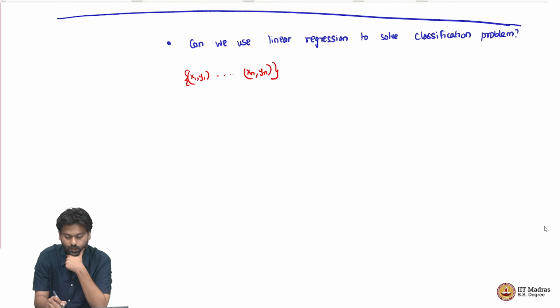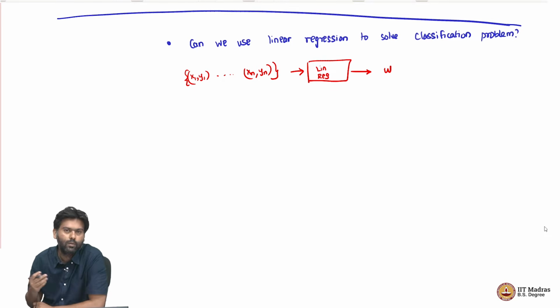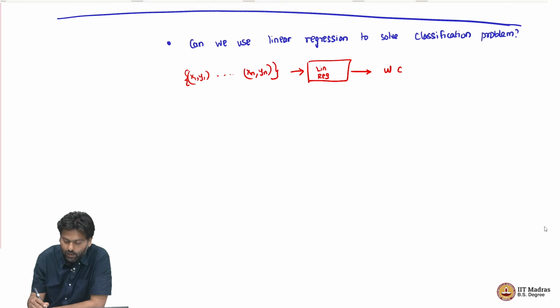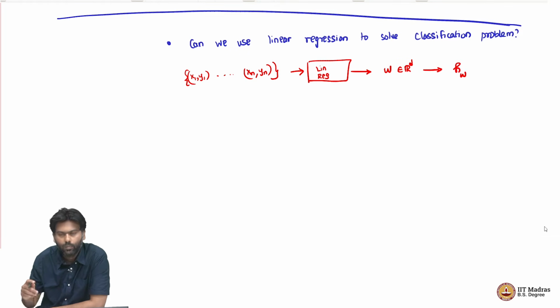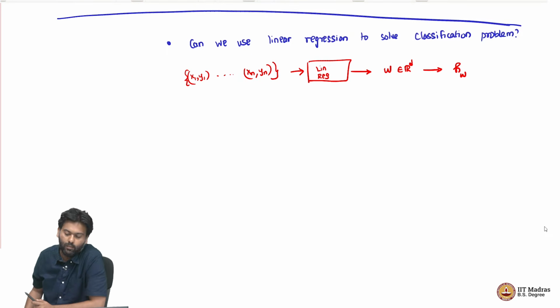You input the data set to a linear regression model, and what you get is a W. In the standard linear regression, this is equivalent to maximum likelihood, we know that. So, let us say you get some W in R^D, and now you use the W to get hW by thresholding at W transpose x equal to 0. hW is from R^D to {0, 1}.